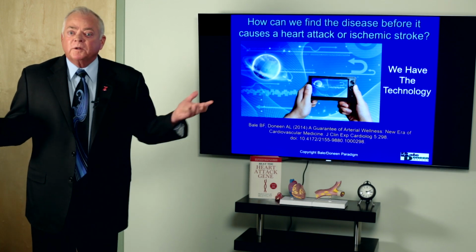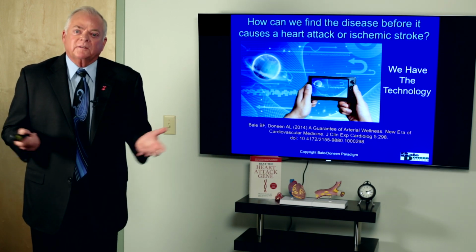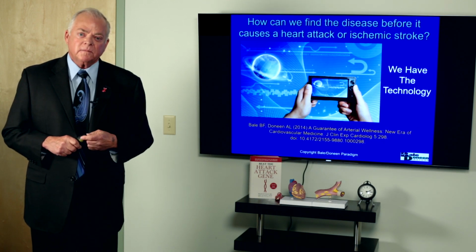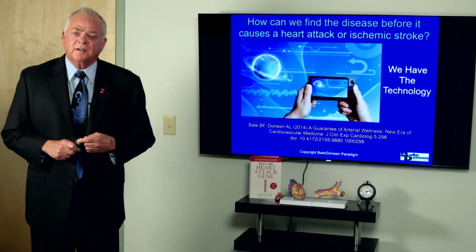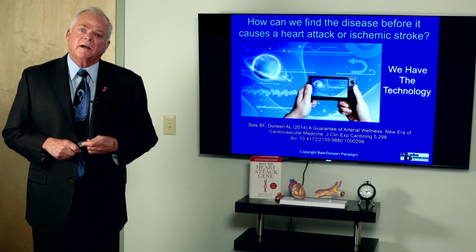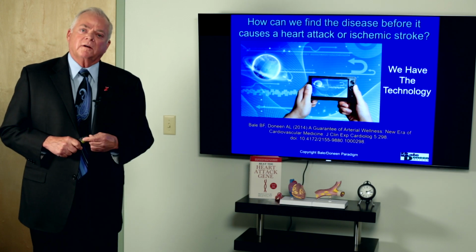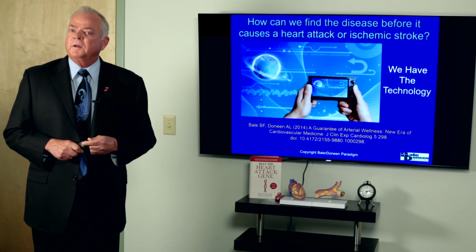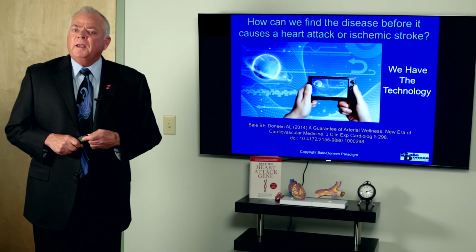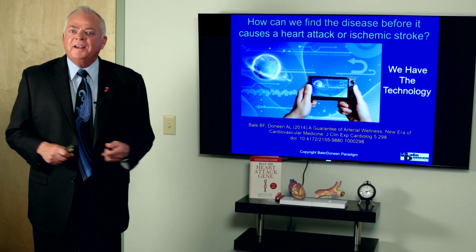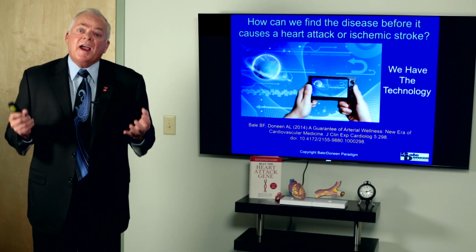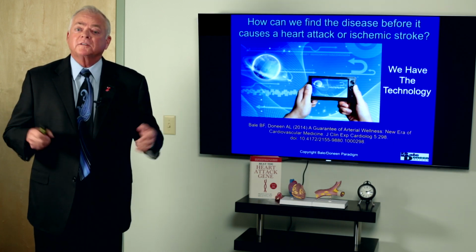So how can we go find these cats before they start causing symptoms or cause a heart attack or stroke? We've got that technology, and we've had it for some time. Dr. Doneen and I published in this Journal of Clinical and Experimental Cardiology 4 years ago a paper which was extremely exciting, stating that we now live in an era where we can guarantee arterial wellness.